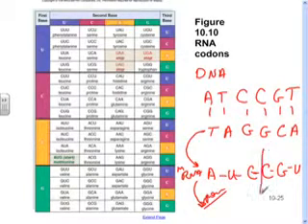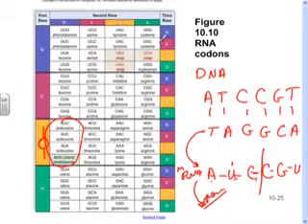Let's divide this up into codons. A, U, C. First thing you're going to do is on this side find A. It says our first base is on this side. So because the first letter is A, it's going to be in this orange block, in these rows. The second base is up at the top. Our second base is U. So I'm going to find U. Now I know that between A and U, it's going to be one of these.